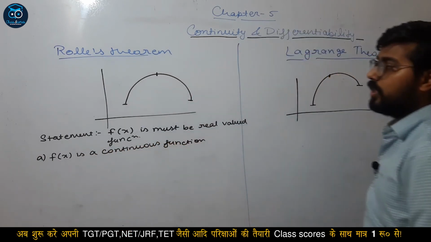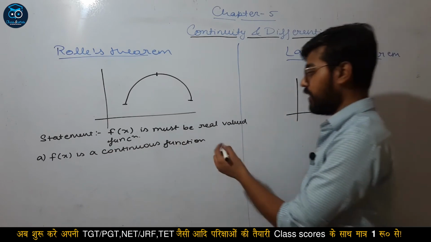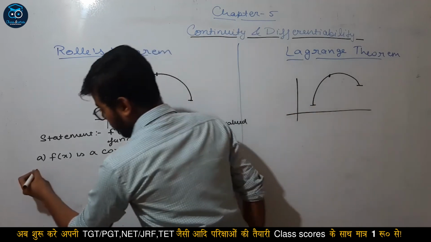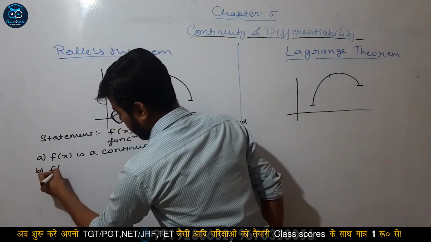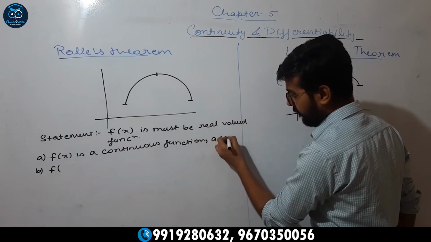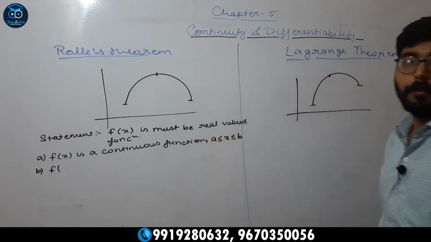We can only calculate the mid value when the function is continuous. It is the second point, we can also write its limit between a to b.